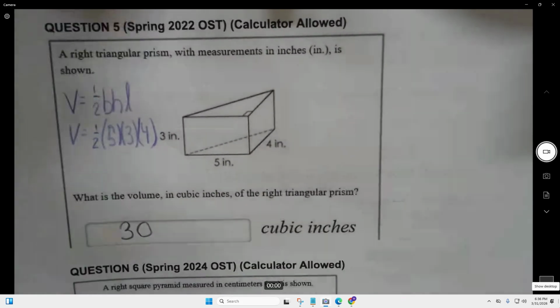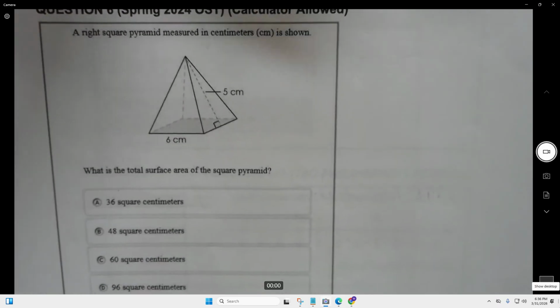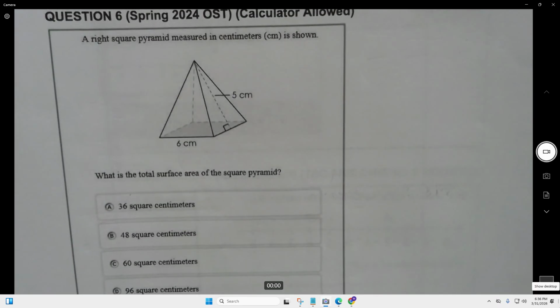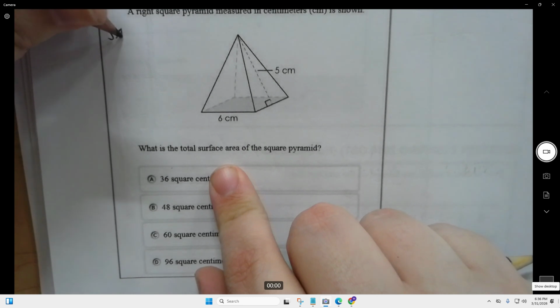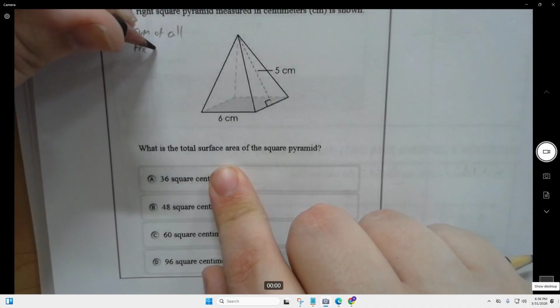Let's take question 6. We got 2 questions left for this standard. A right square pyramid measured in centimeters is shown. What is the total surface area of the square pyramid? So surface area is the sum of all the areas.